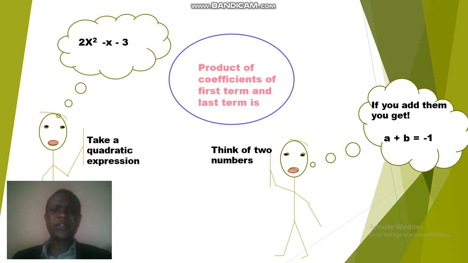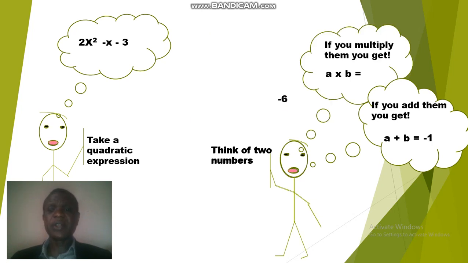To get the product, we take the coefficient of the first term and multiply by the coefficient of the last term, and we get minus 6. So this gives us the product, so that if we multiply the two numbers we are thinking about, it will give us negative 6. So think of those two numbers.